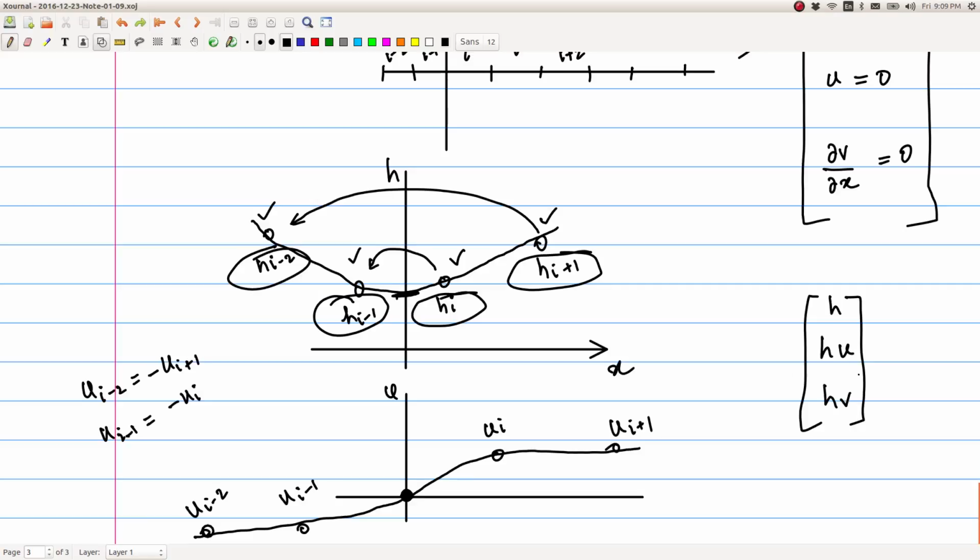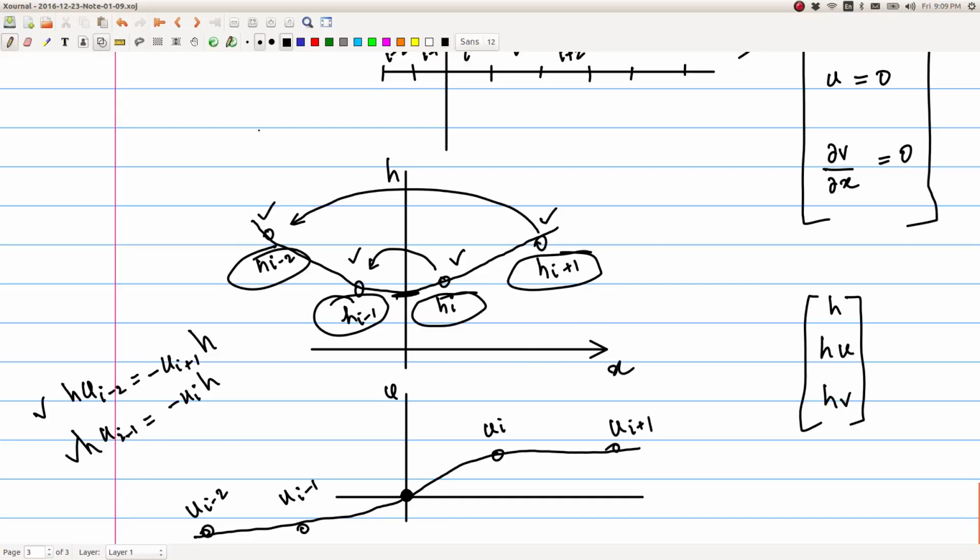To apply the second boundary condition, we will just reverse the signs. In other words, h times ui minus 2 is equal to minus of h times ui plus 1, and h times ui minus 1 is equal to minus of ui times h. This is how we are going to apply the second boundary condition, that is on u.